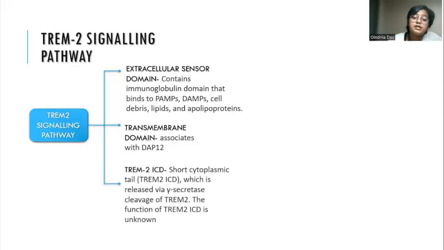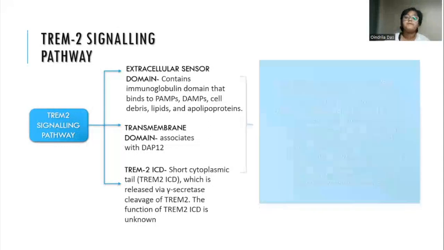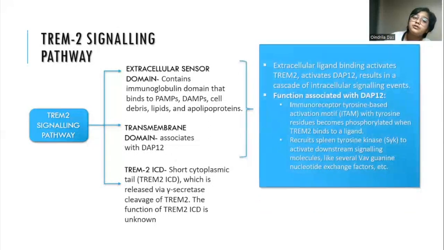And TREM2-ICD is a short cytoplasmic tail which is released via gamma secretase cleavage, and its function remains unknown as of yet. The combination of TREM2 and DAP12 activates a cascade of intracellular signaling events.